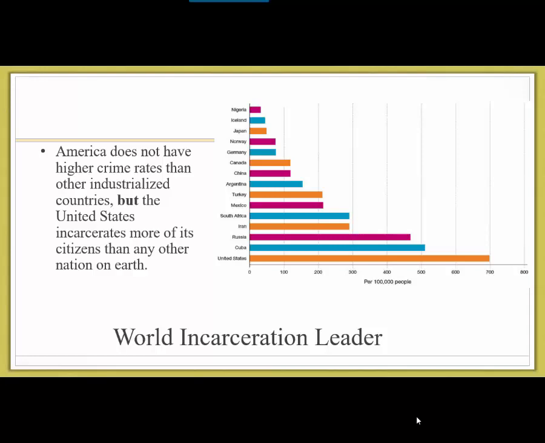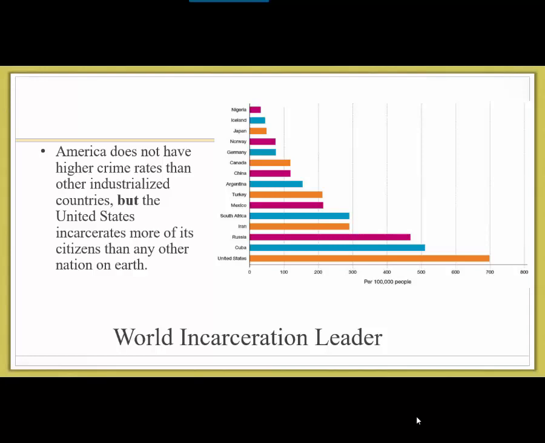You can see that the country closest to us in terms of incarcerations per 100,000 people is Cuba. I really want to note this per 100,000 because sometimes students get really confused about how rates work. It doesn't matter if the United States is a more populous country, although it's worth noting that we're not more populous than China, which you can see incarcerates far less of its citizens than we do.